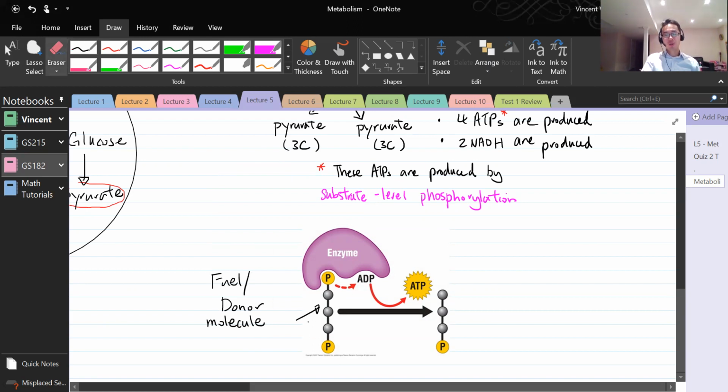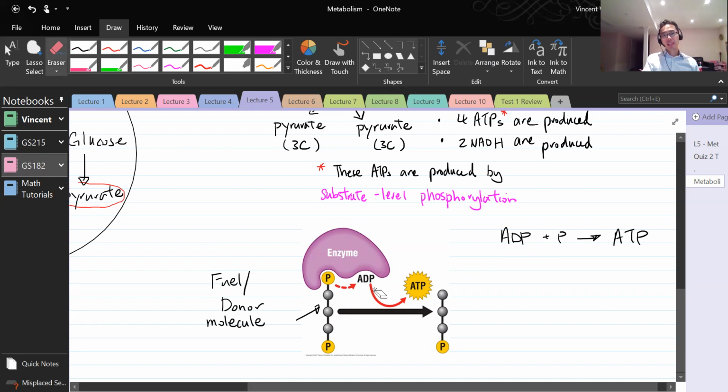That's the molecule that you will be ripping the phosphate off. You see this is a very good molecule. It has 2 phosphates. The enzyme will rip off one of the phosphates and then transfer the phosphate to ADP. When you have ADP plus a phosphate, we talked about this last time in the tutorial, that will become an ATP.